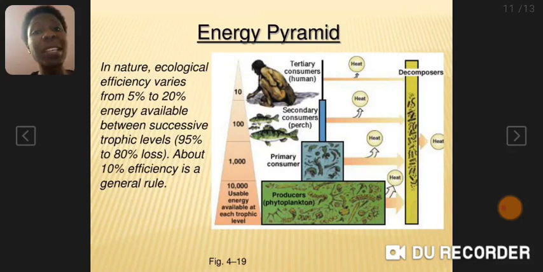So the energy is decreasing along the trophic levels of the pyramid of energy. The energy is decreasing from one trophic level to the succeeding one.